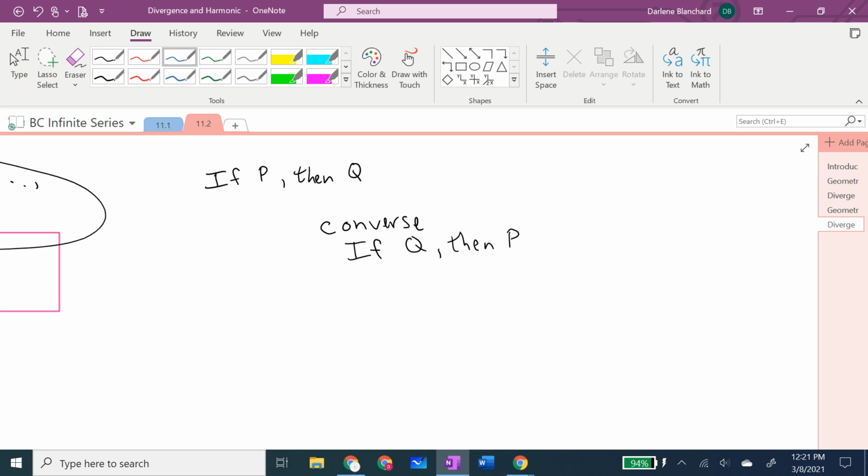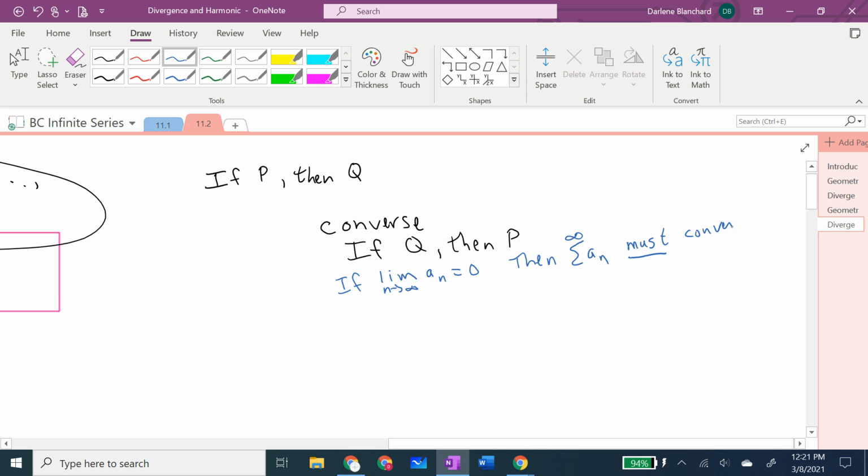The converse is, if the limit as n approaches infinity of the term itself is heading to 0, does that mean that the infinite series will converge? And for this to be a true statement, it's not that it does, it must converge.